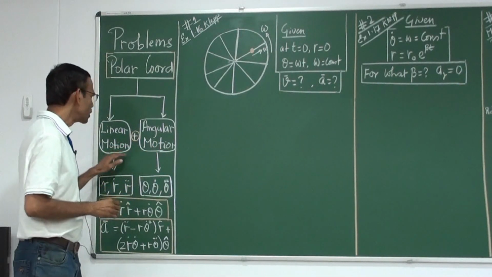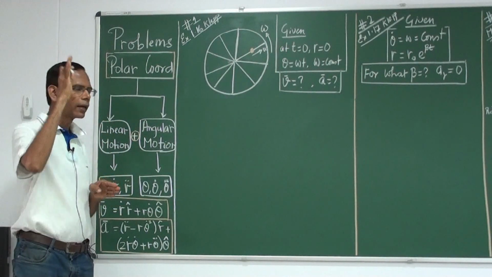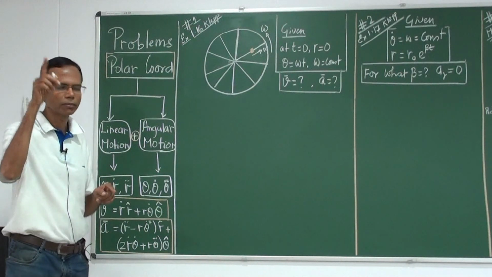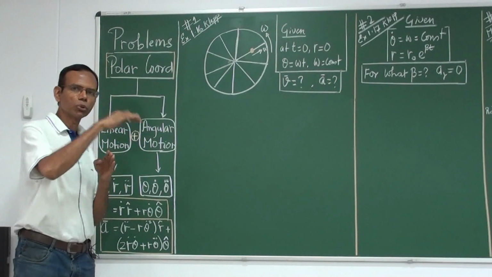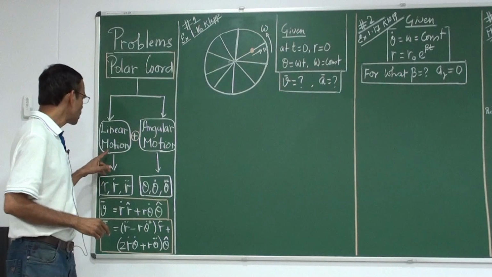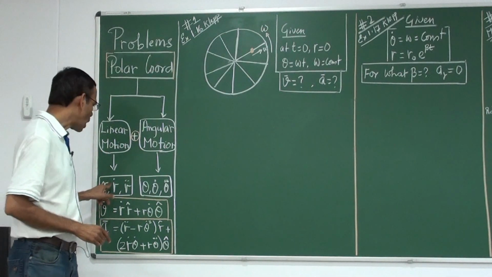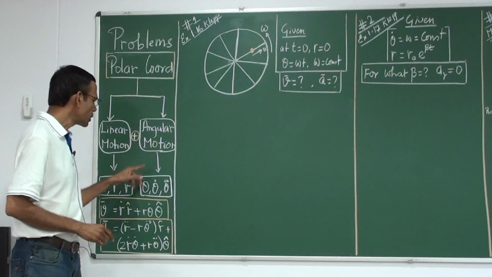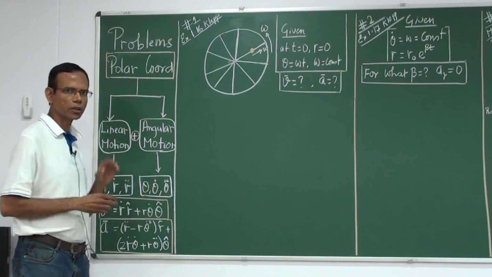One is a linear motion which is going away from the center, and that we take up by r cap direction. The other is the angular motion, and that is theta cap direction. In the linear motion, we have to calculate r dot, r double dot. In the angular part, we have to calculate theta dot, theta double dot.